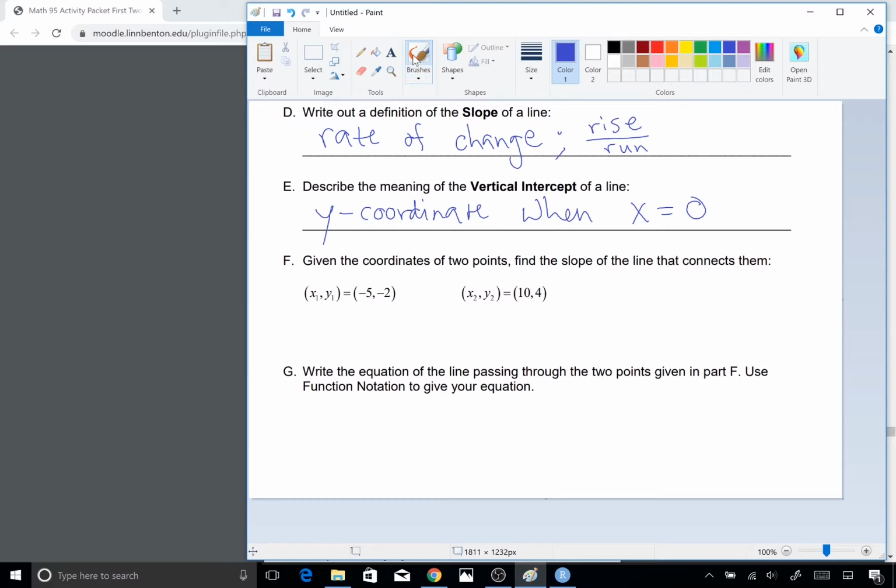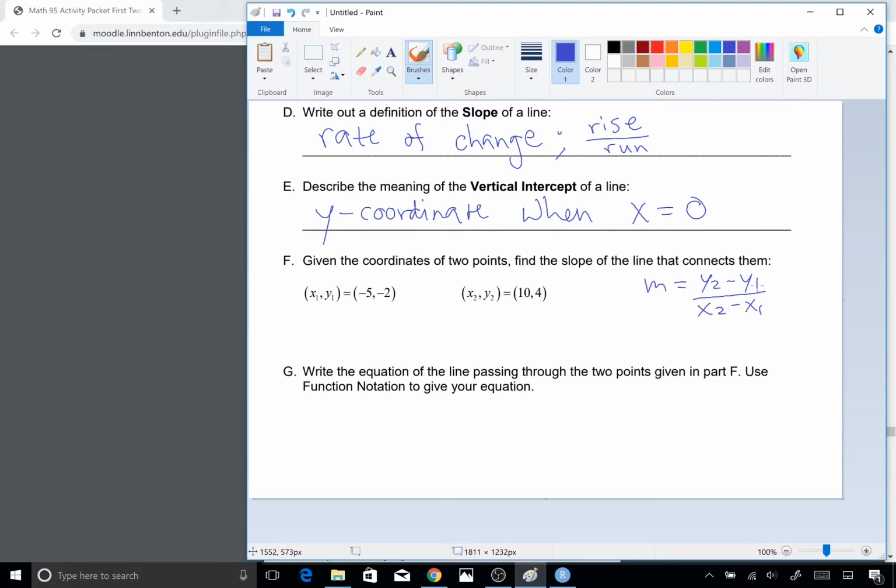Let's look at f and g. When you're given 2 points, you can find the slope of the line that connects them using m equals (y2 minus y1) divided by (x2 minus x1). And you can see how this is rise over run. y2 minus y1 is the rise, x2 minus x1 is the run.